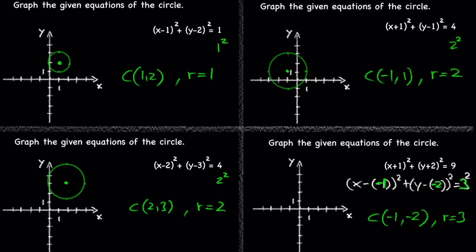Negative 1, negative 2 is here, and the radius is 3. 1, 2, 3, and so on in each direction. So this is the graph of the circle with the equation (x plus 1) squared plus (y plus 2) squared equals 9, and we're done with this example.